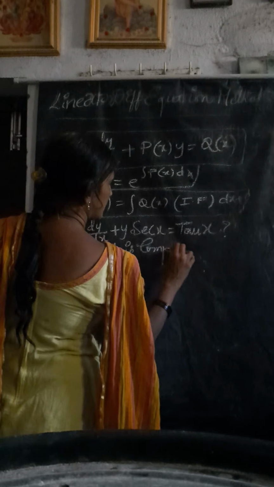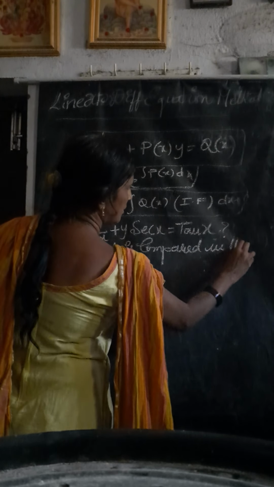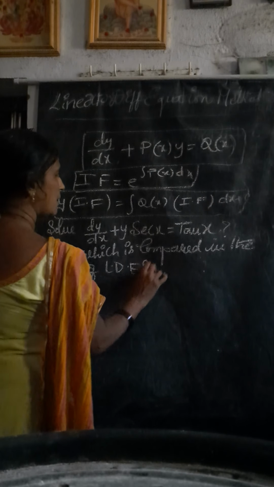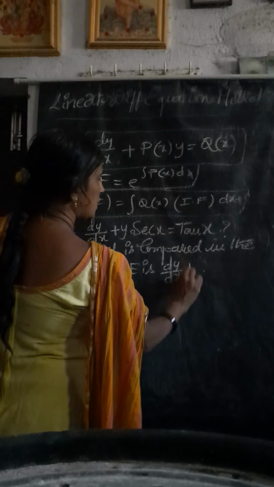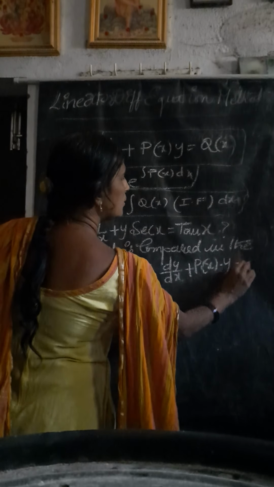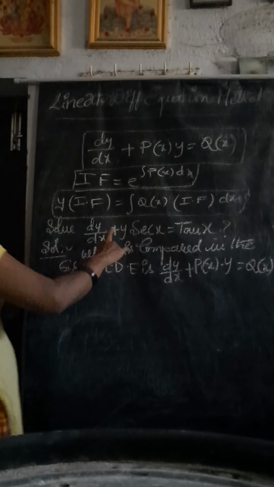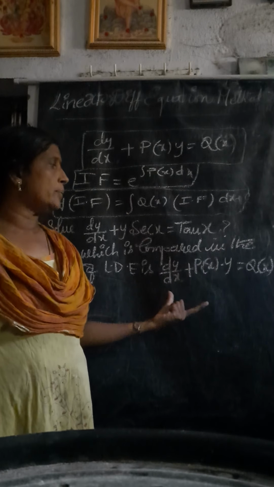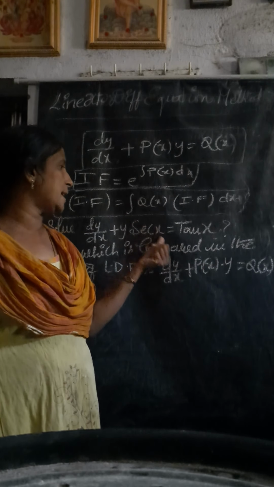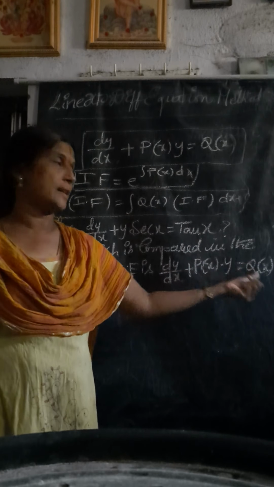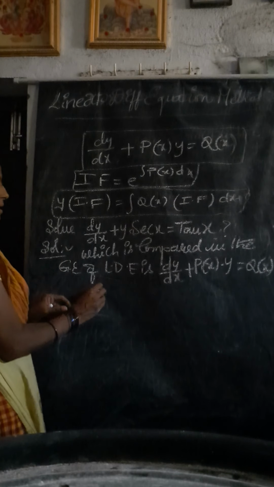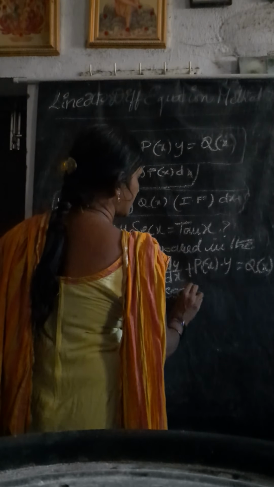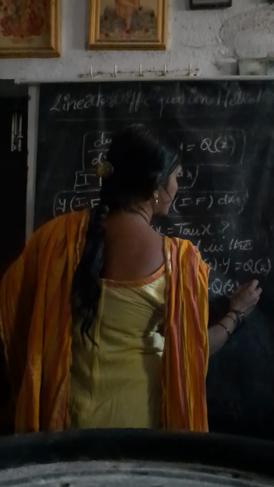Here p of x is secant x and q of x is tan x.